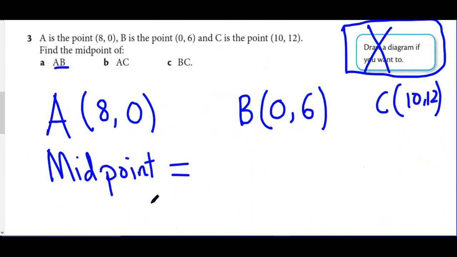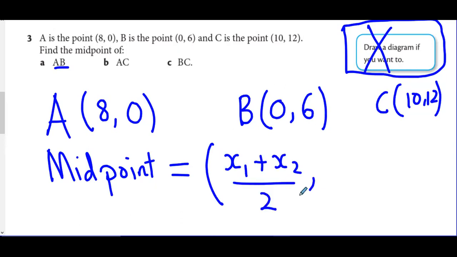The formula says the midpoint of any line equals ((x1 plus x2) divided by 2, (y1 plus y2) divided by 2).